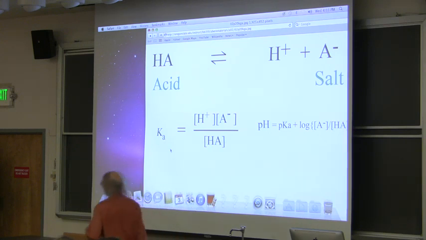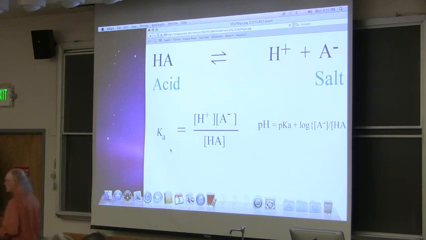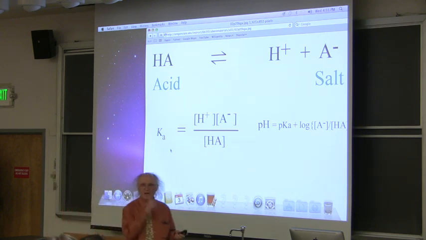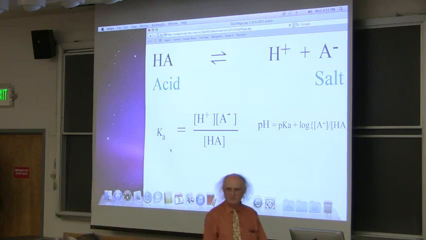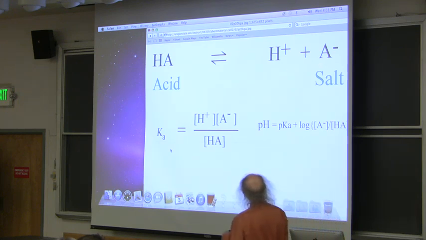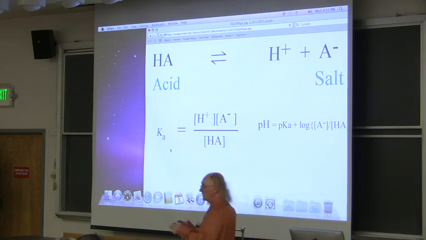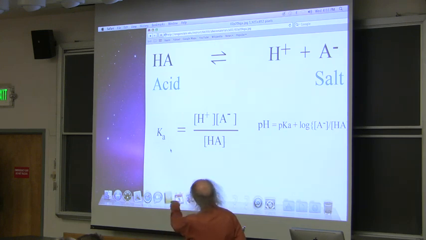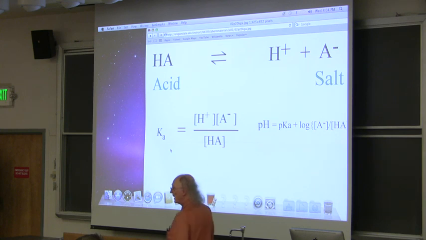Now, I told you yesterday at the very end of class, let's imagine we had a situation where I had 500,000 molecules of this and 500,000 molecules of this sitting there in solution, and I dumped in a bunch of protons. I told you that weak acids, or salts in this case, have the ability to absorb protons, because this equation tells us that if we add protons to it, it's going to move leftwards, and if we take protons away, it's going to move to the right.